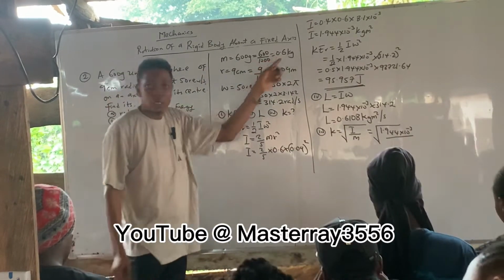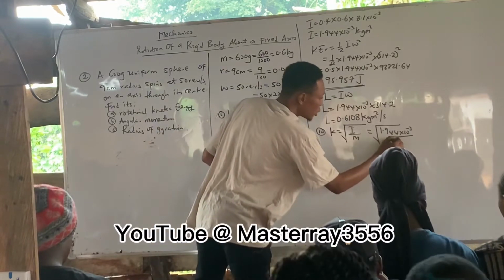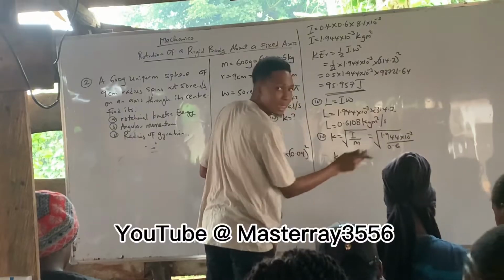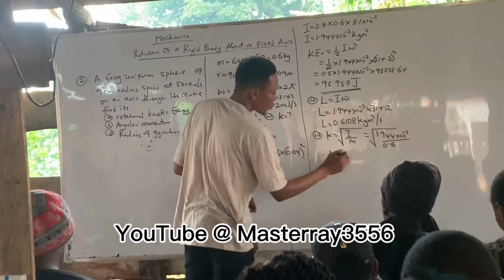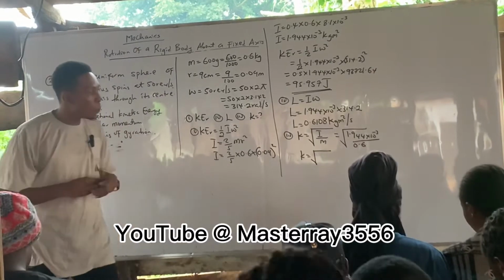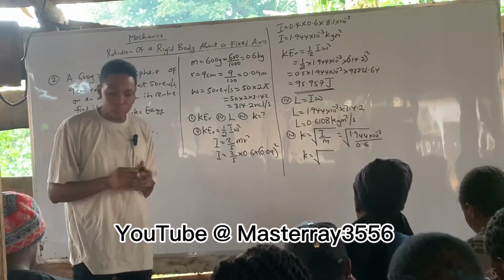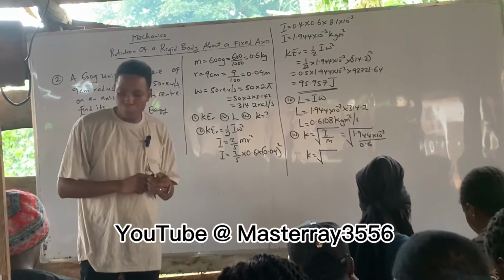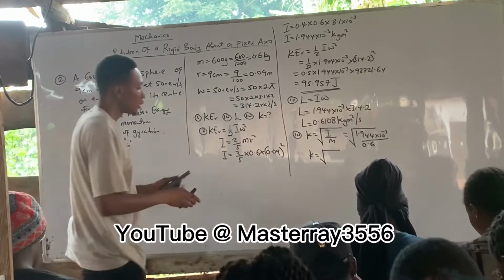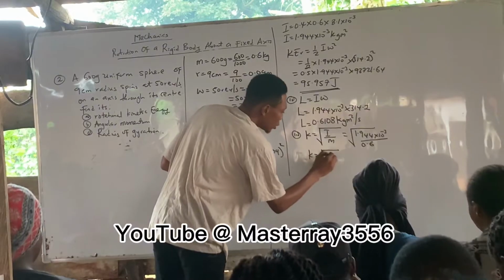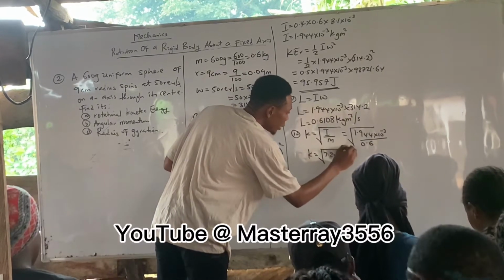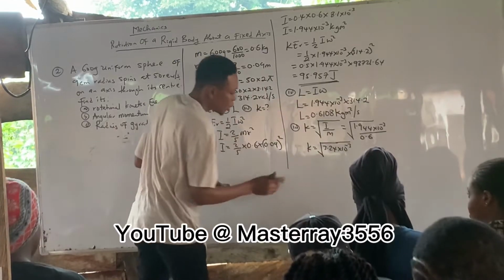What's the mass? 0.6. So our k will be equal to, now divide this. 1.944 times 10⁻³ divided by 0.6. 3.24 times 10⁻³. Is that what you got?